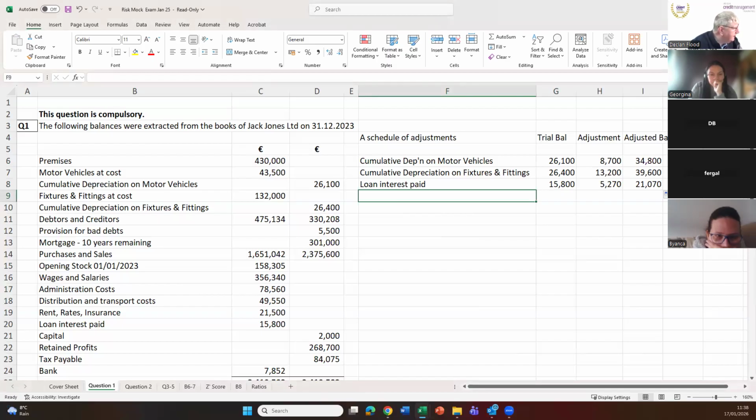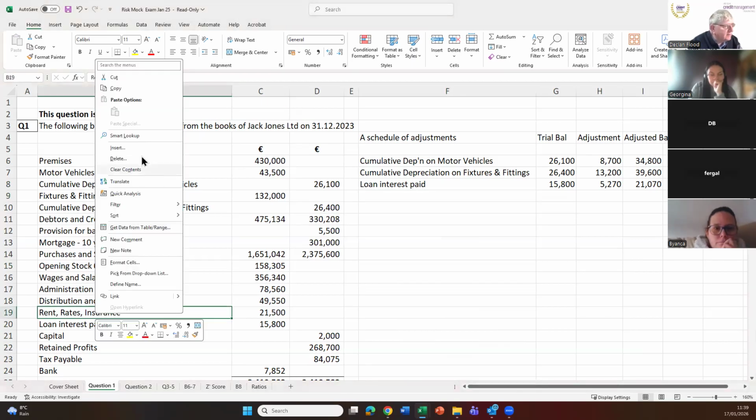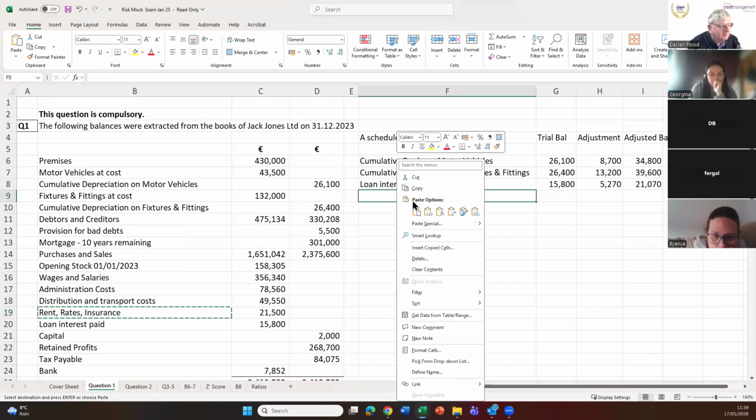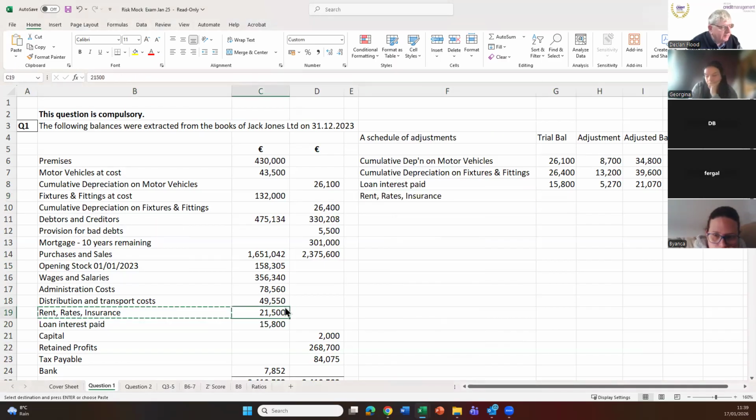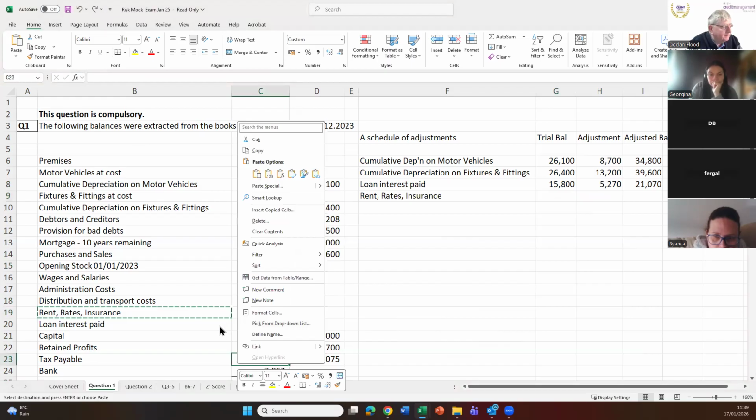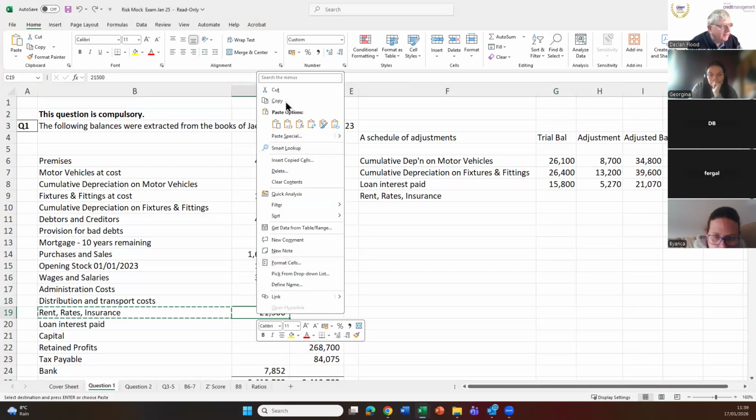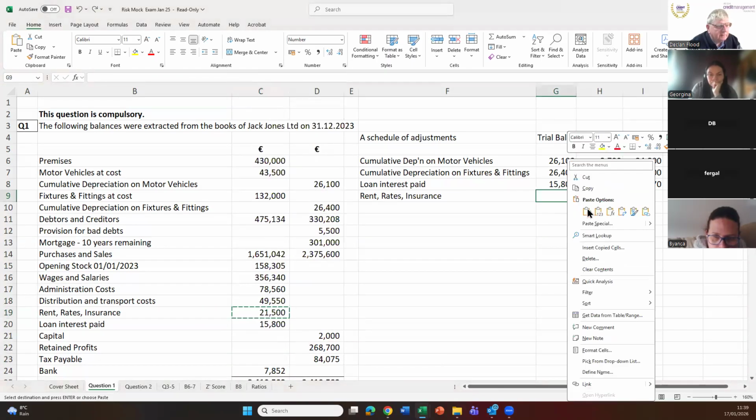In terms of where I am now, the rent, rates and insurance. So I just copy that into there.